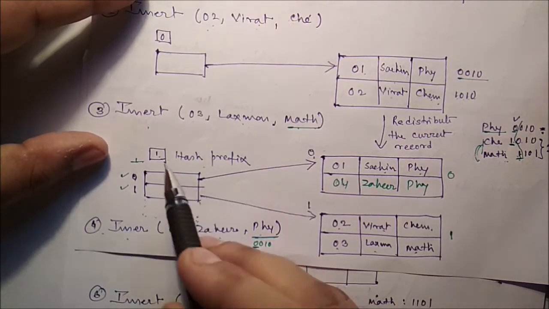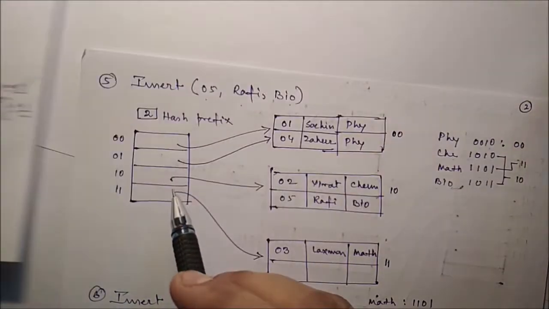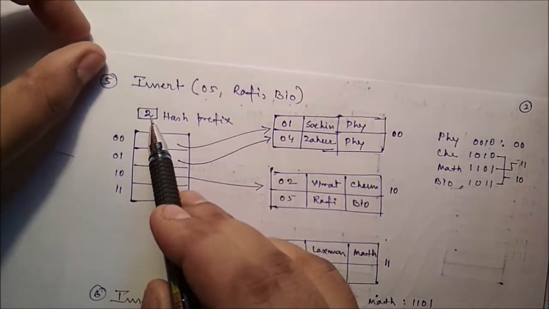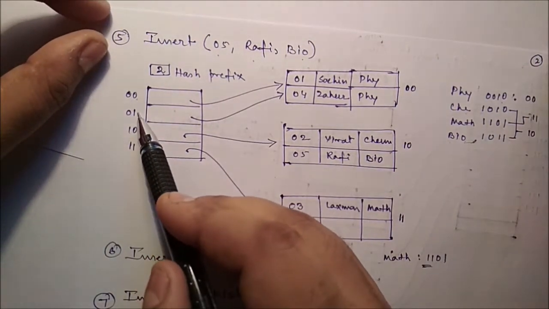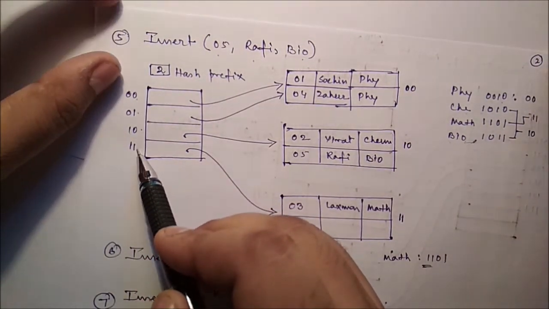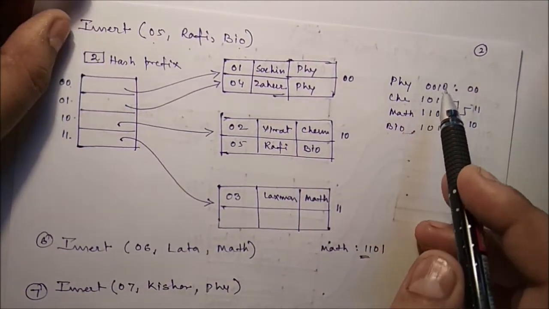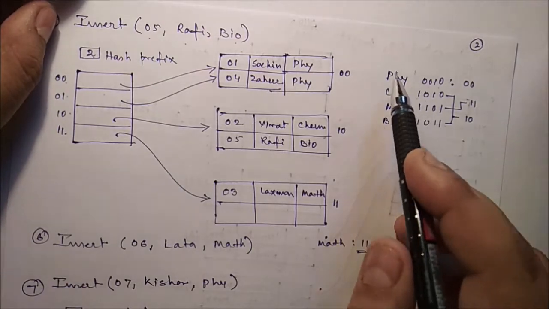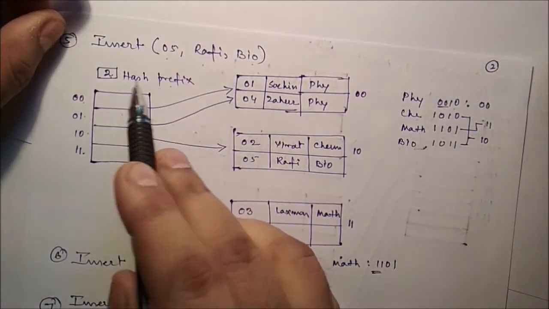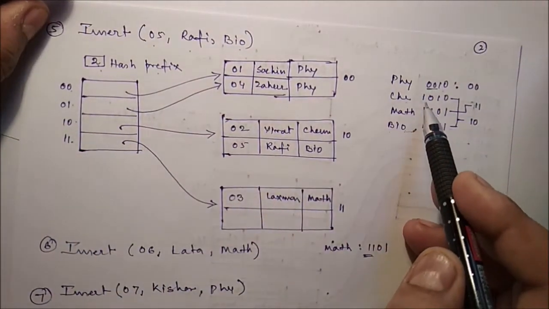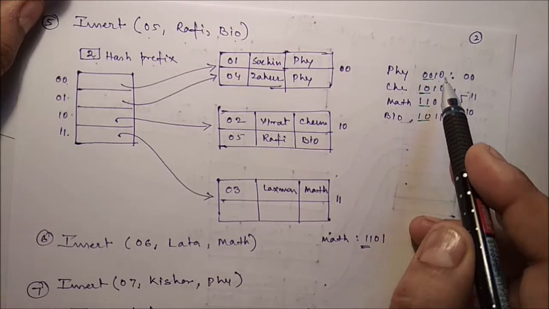How can you increase it? We have to increase the hash prefix value. If you increase the hash prefix value to 2, the combinations are 00, 01, 10 and 11. Because the hash prefix is 2, we have to see the first 2 bits only.